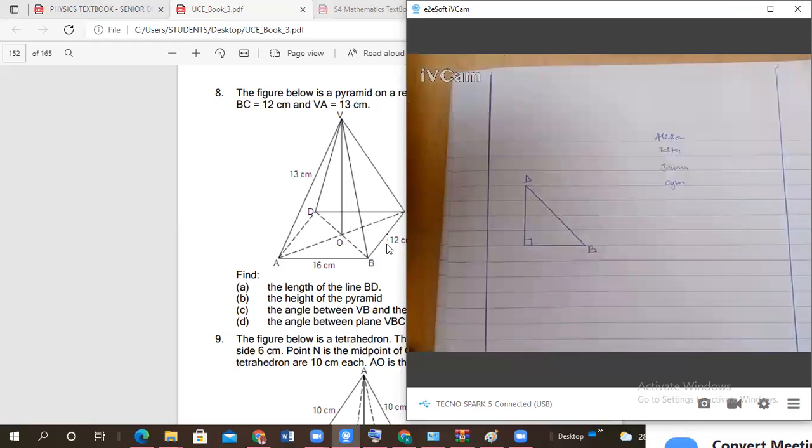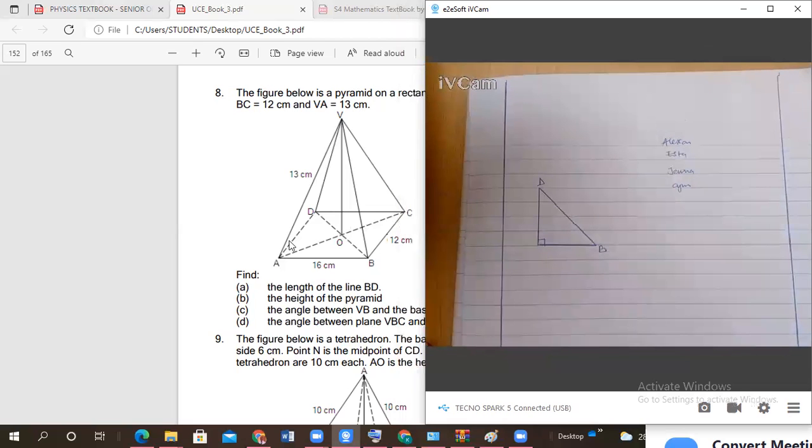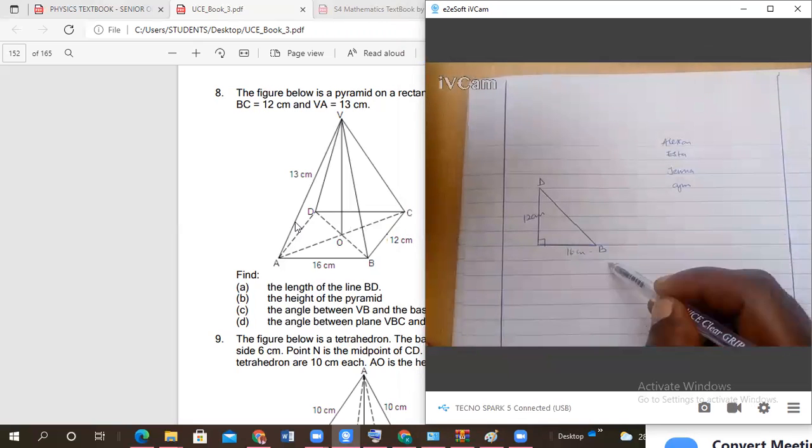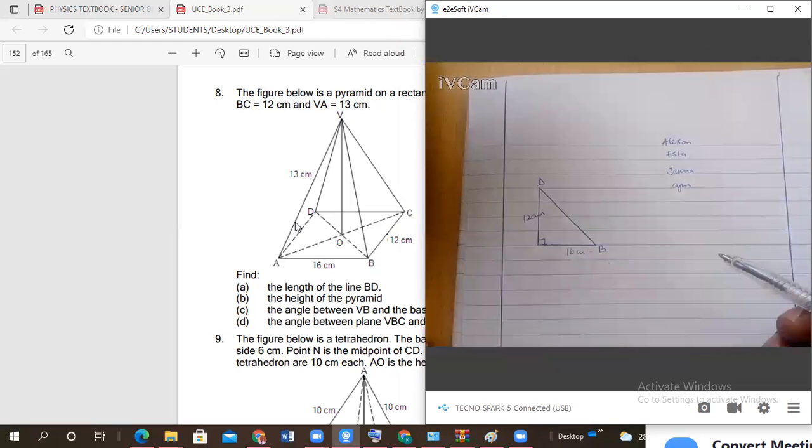If this side is 12, then AD is also 12 centimeters, and this one is 16 centimeters. So use Pythagoras theorem and find the value of BD.